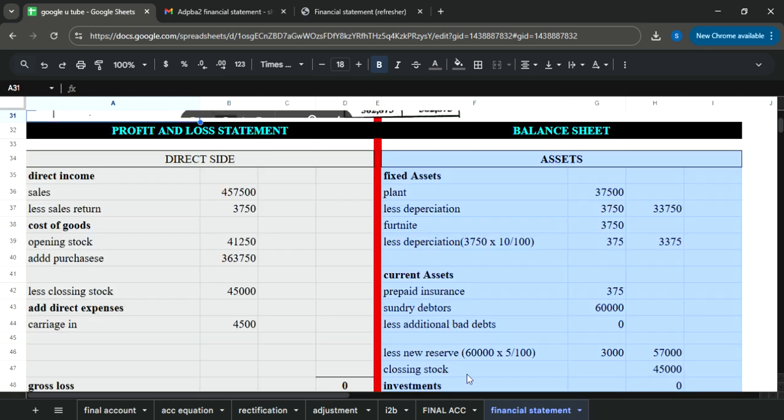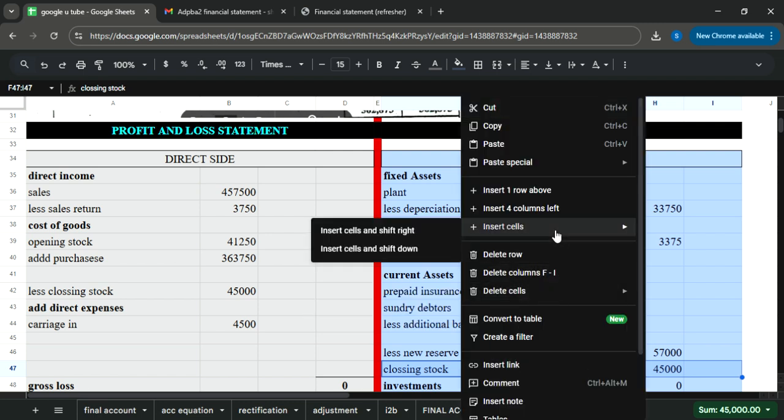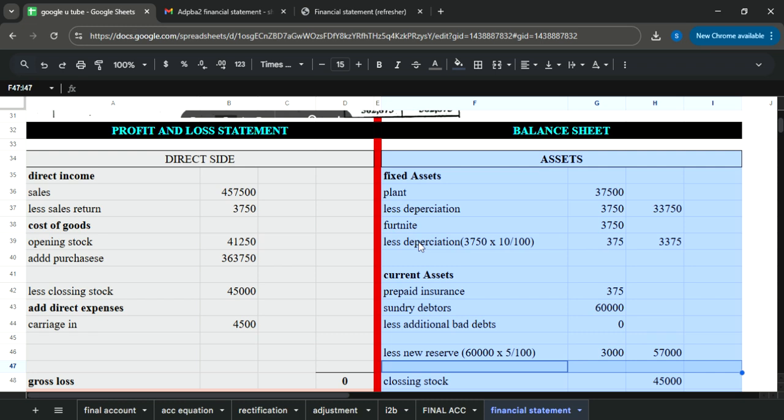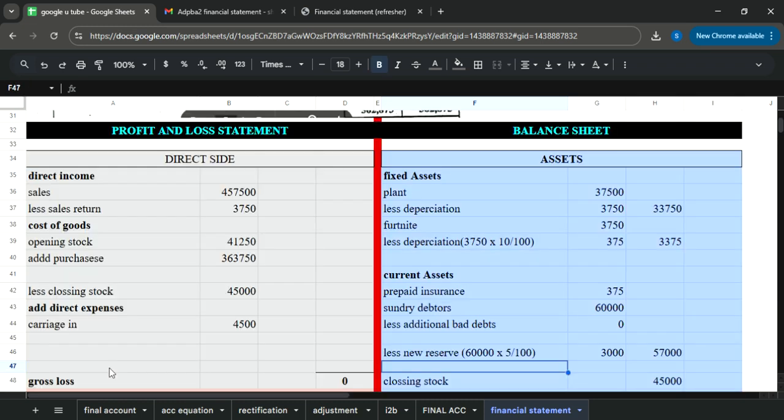And unfortunately, we don't have space, so you will have to make one more space. Okay. So here you will mention your last asset, which is cash in hand.